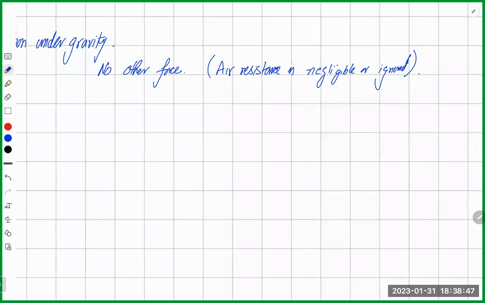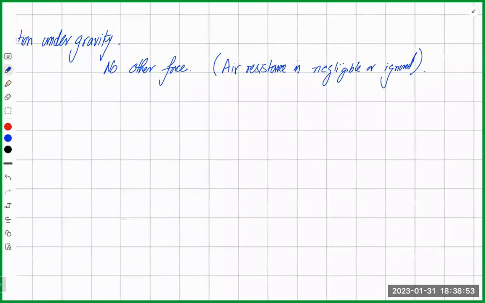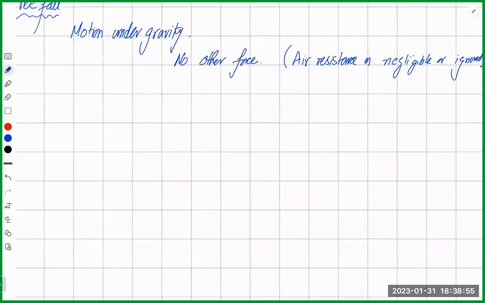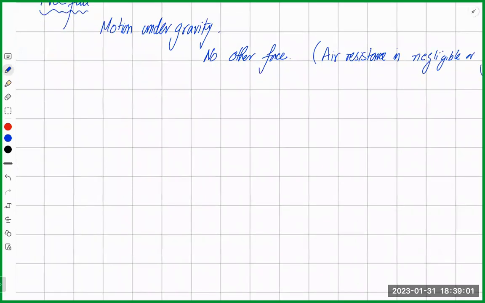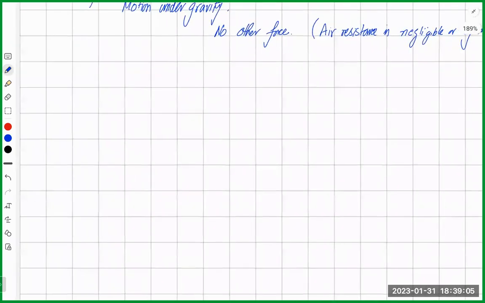Now, what are the special things? Number one, the only force is the force of gravity. In this case, it would be weight.